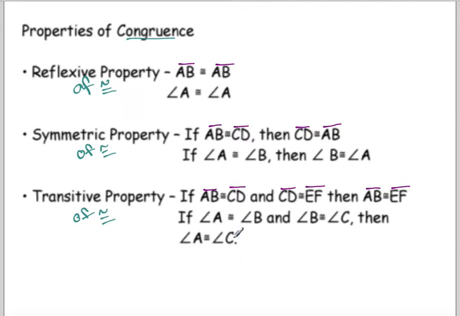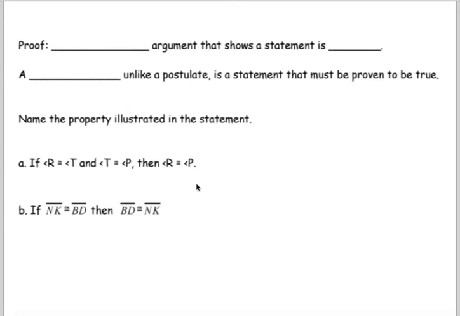So you need to go with transitive property of congruence. A lot of the time when you feel like it's substitution, check the symbol. If it's an equal sign, you can put substitution, but if it is a congruent sign, you have to put transitive property of congruence. So let's practice some of these.